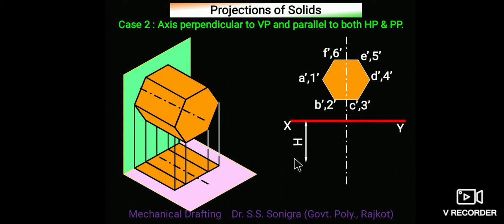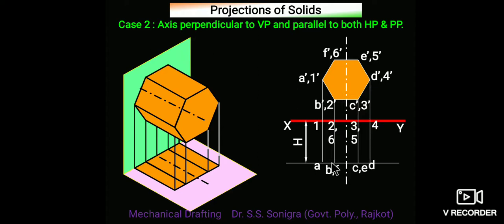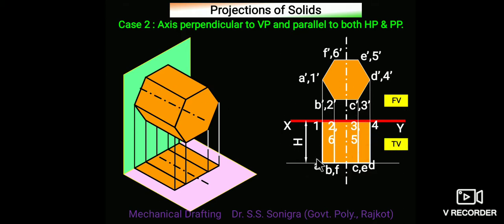Whatever height is given, take that distance below the XY line and draw projections from A dash, B dash, C dash, D dash, E dash, F dash, all points, and mark here A, B, C, D, E, F, and complete this rectangle. So this hexagon is the front view of this solid, and this is the top view of the solid. If you look from top, it will appear like this. If you look from front, it will appear like this.